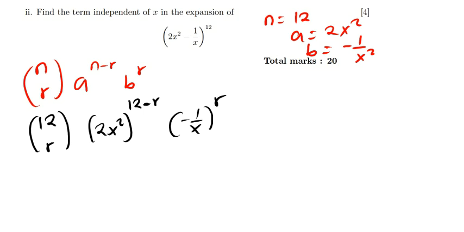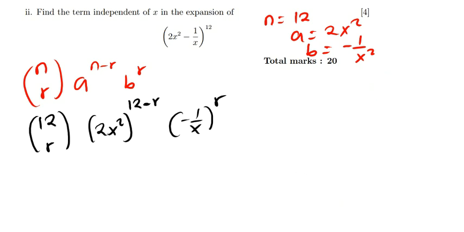Now, a term independent of x is a term where x is to the power 0. In a case where you have expanded your binomial, then you come across 3x to the power 0. So any number to the power 0 is 1. So in this case it will be just 3. Meaning that x to the power 0 is going to be a term independent of x.